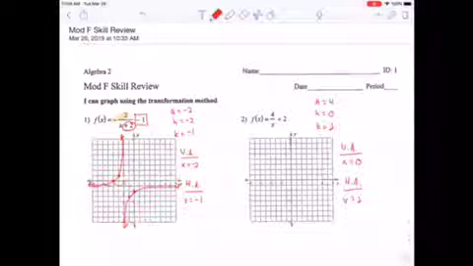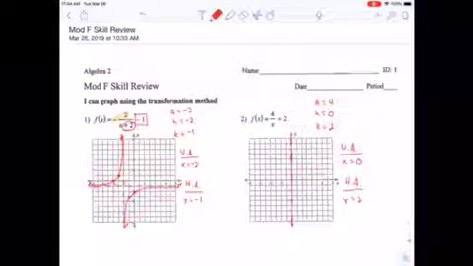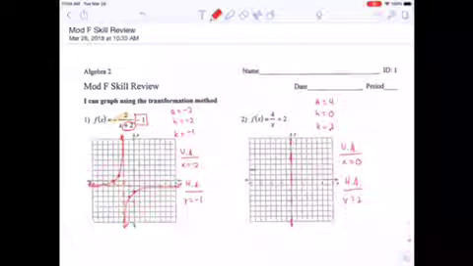Your vertical asymptote is right here. Your horizontal asymptote is here. And now we just have to find some points.